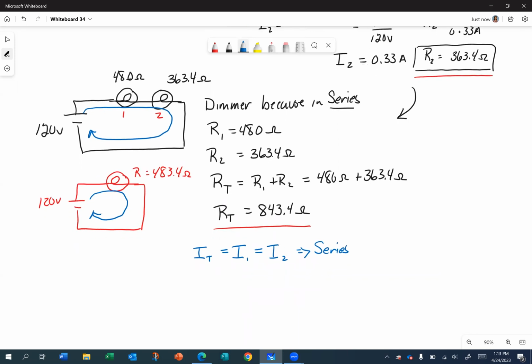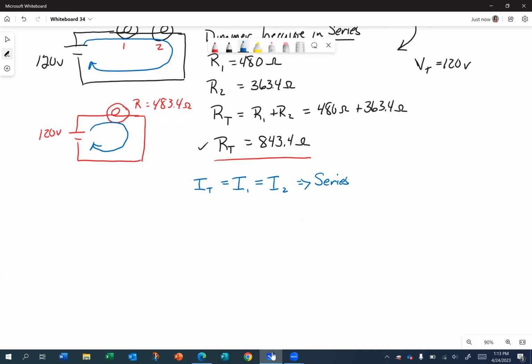So I total, what we do know is that V total is 120 volts. We know R total. So I can say here that I total is equal to V total divided by R total.